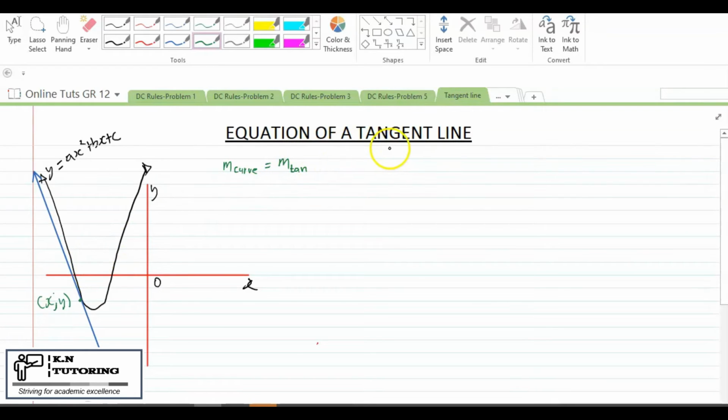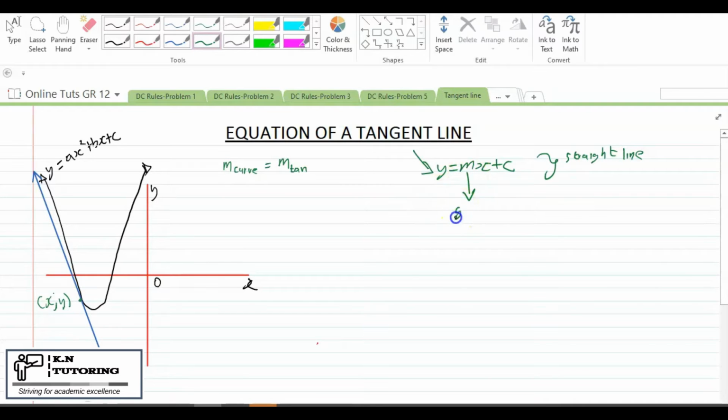You know that for you to get the equation of a tangent, or the equation of any straight line, which will be in the form y equals mx plus c, remember this is a straight line, what do you need?